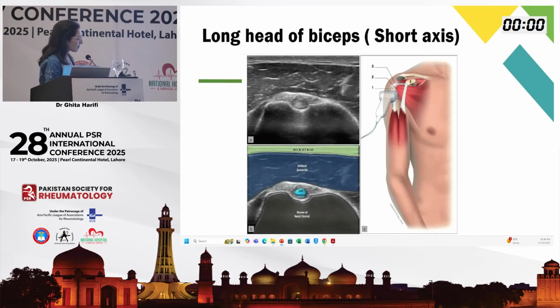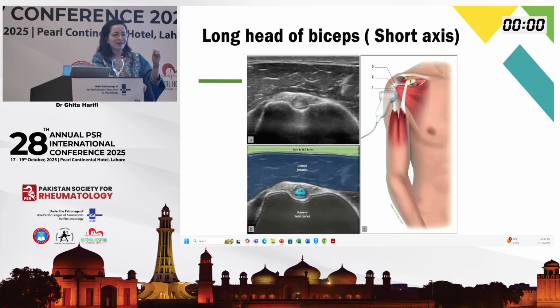Now, I would like to mark a pause here to tell you about how we scan these tendons and the terminology. And from now on, I would like us to stop calling it longitudinal and transverse scanning, okay? The reason being is that when you scan tendons, when you see longitudinal, and usually you refer to the position of your probe, it's not necessarily the longitudinal part of the tendon, right?